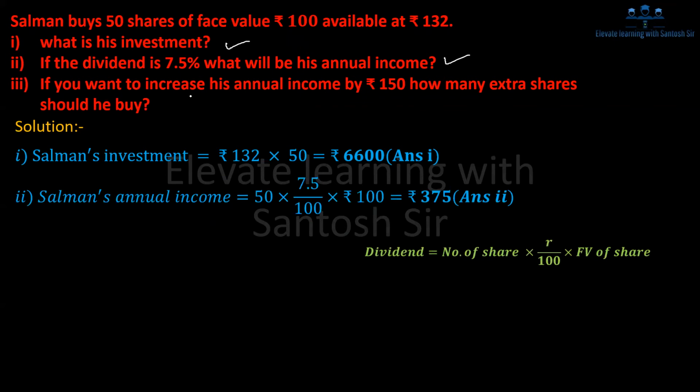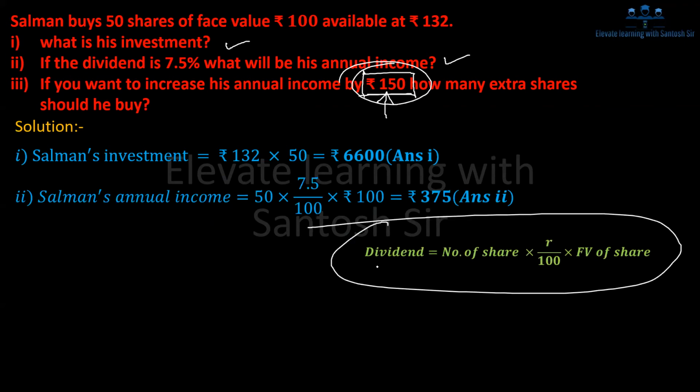If you want to increase his annual income by 150, how many extra shares should he buy? Now he needs 150 rupees more as his annual income. So let's find out, in order to get 150 rupees as annual income, how many shares are required. We will use the same formula for dividend, where dividend will become 150, number of shares we don't know, rate will remain the same, face value will remain the same.